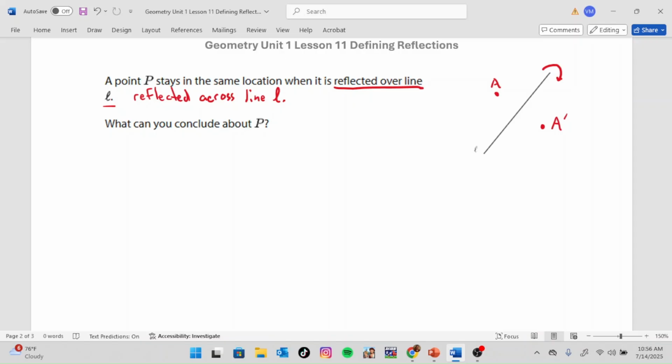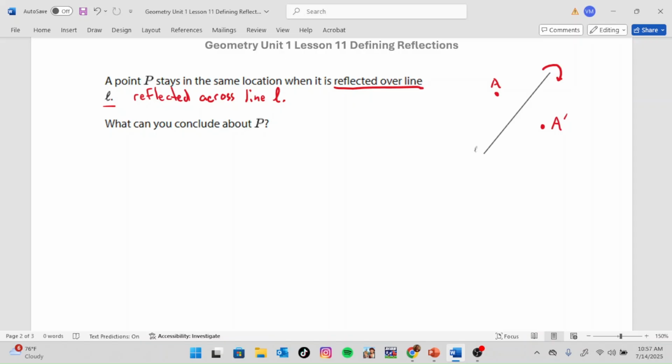If you had a point sticking out from the straw, then that point would move. It would move 180 degrees to that same distance on the other side. The only points that are not going to move are going to be the points that make up the line itself. If I held a small rod in my hand and I twisted it in my fingertips 180 degrees, the rod is still in the same place.